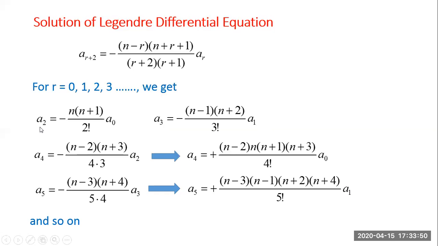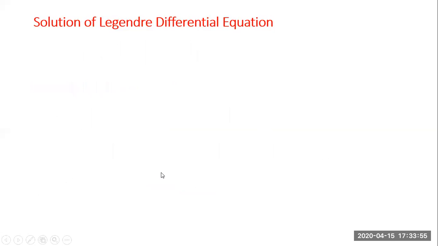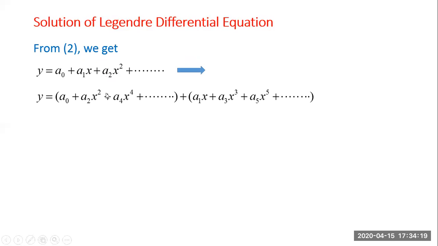So once you get a2, a3, a4, a5, and so on, substitute them in equation number 2, which is the series solution of Legendre equation, which is given as a0 plus a1x plus a2x square plus a3x cube and so on. Since we have a2, a4, a6 in terms of a0, a3, a5, a7 in terms of a1, so we separate out all the powers with even suffix, then all the powers with odd suffix.